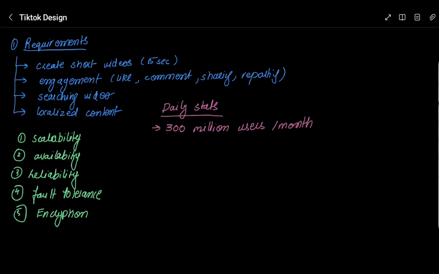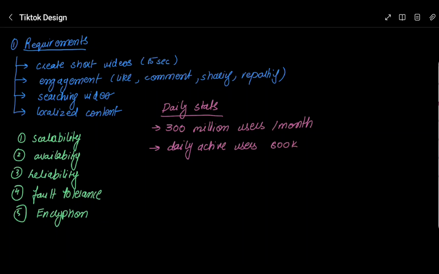And let's assume that the number of daily active users is around 800K.